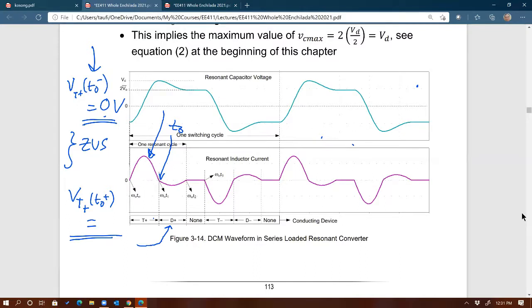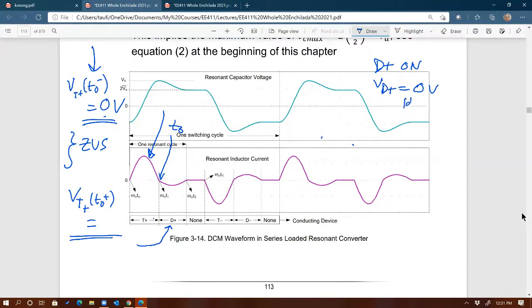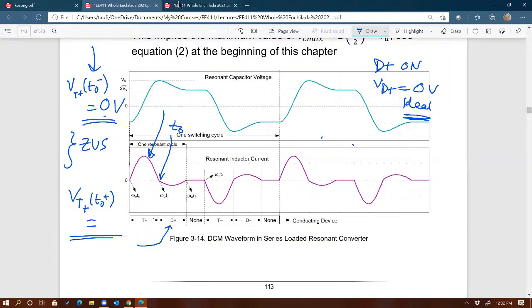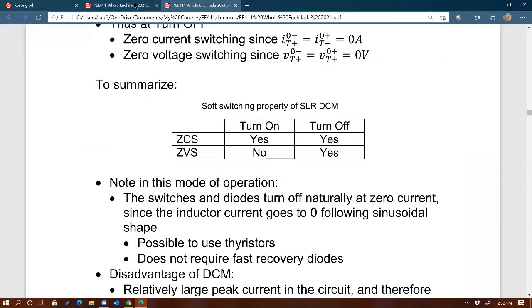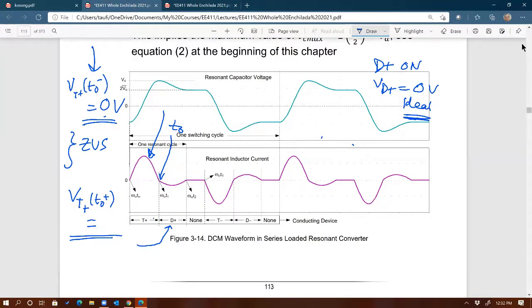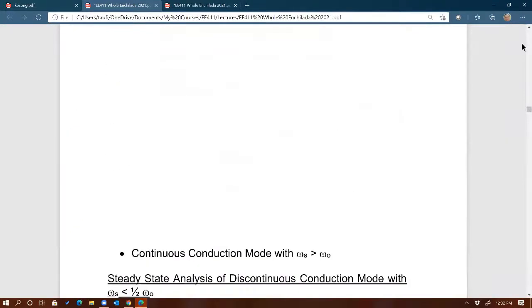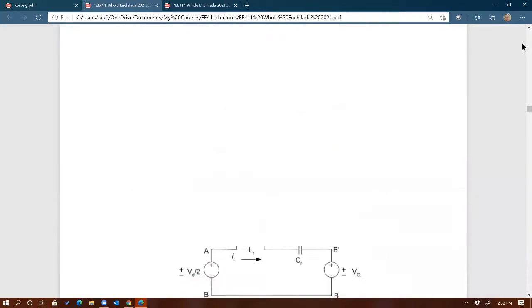And if D plus is conducting, if D plus is on, that means voltage across D plus must be 0 if it's ideal, right? Ideal diode. Let's just assume it's ideal for now. Okay, you agree? You can see from there that D plus is conducting, therefore voltage across D plus is 0. Now, why is that significant to know? Well, because I know that T plus and D plus are connected in parallel, right?